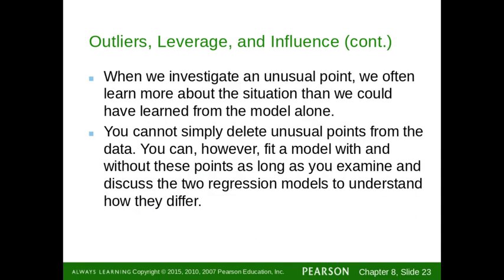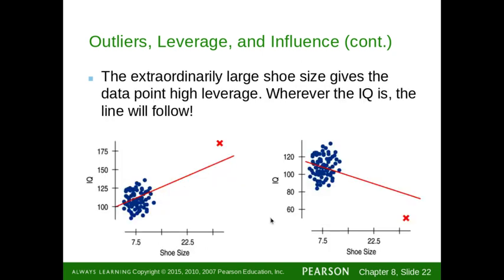So when we investigate an unusual point, we often learn more about the situation than we could have learned from the model alone. We cannot simply delete unusual points from the data. You can, however, fit the model with and without these points as long as you examine and discuss the two regression models. So if we look at this, I can make a calculation with this one, and I can make a calculation with this one.